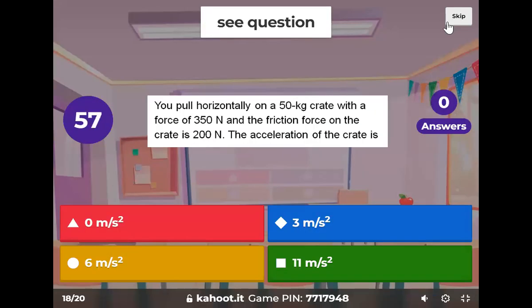You pull horizontally on a 50 kilogram crate with 350 newtons. The friction force is 200 newtons.